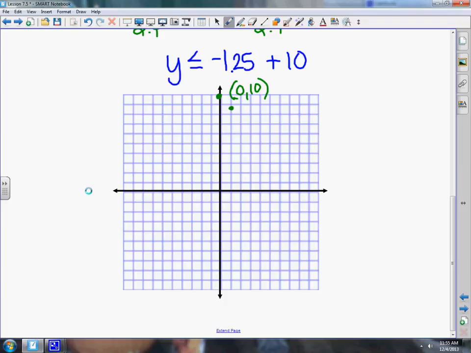Down 1, and so that's down to 1/2, and then over 1, down to 1/4, and then over 1, down to 1/2. So there we go. So I could just go over 5, down 4. That would be easier. 1, 2, 3, 4, 5. 1, 2, 3, 4. Much easier.